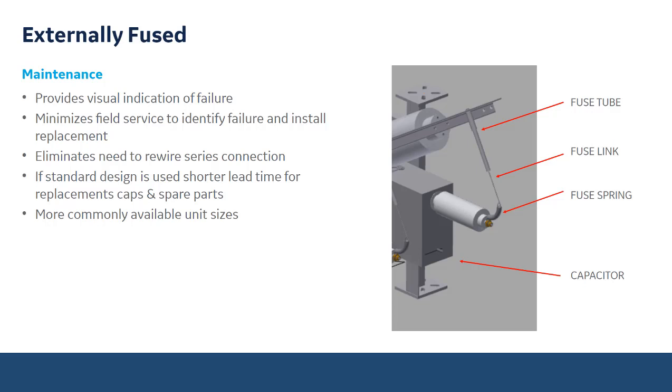So from the control house, from a site visit, you can see if that fuse link is currently present or if it has opened and made a disconnect. It minimizes field service to identify the failure and install a replacement.